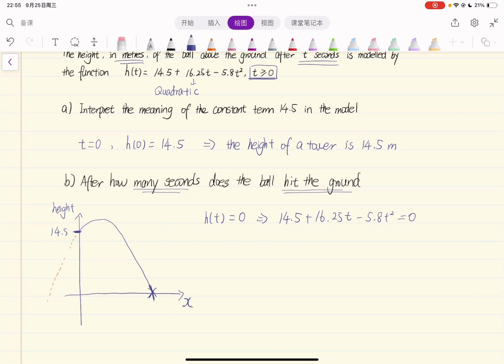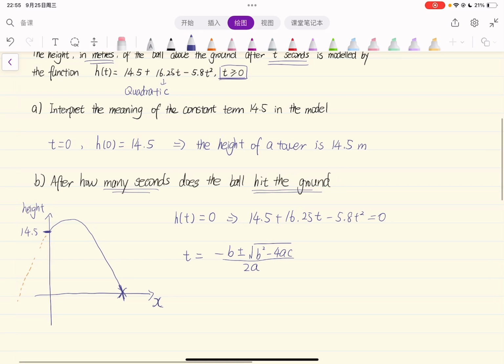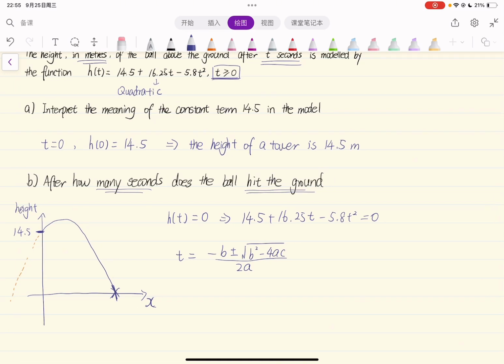Then what we need to do is use the quadratic formula. What is the quadratic formula? I have taught it before. That is t equals minus b plus or minus the square root of b squared minus 4ac, over 2a. Here, be aware not to read a, b, c wrong. So a equals minus 5.8, because remember a is the coefficient of t squared, or maybe x squared.